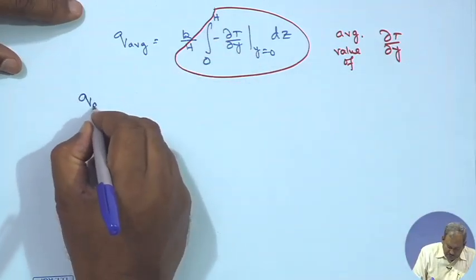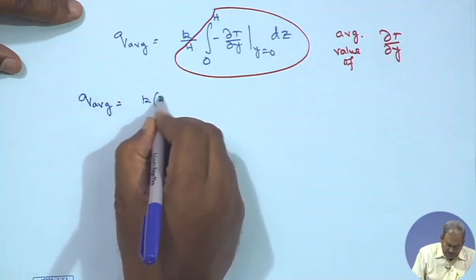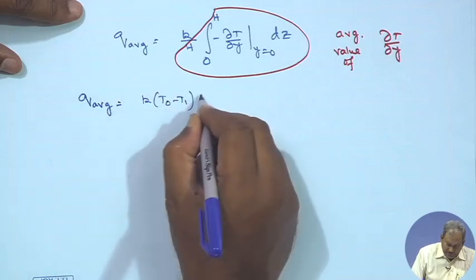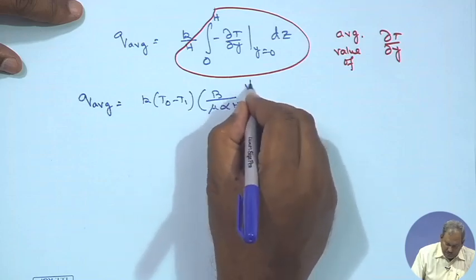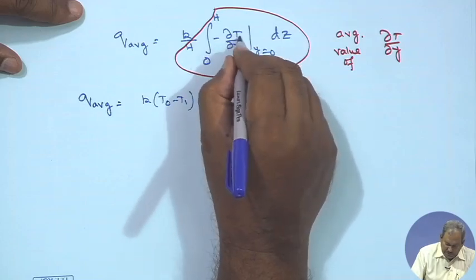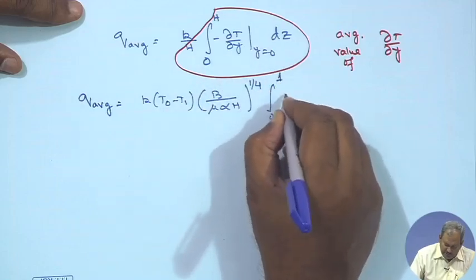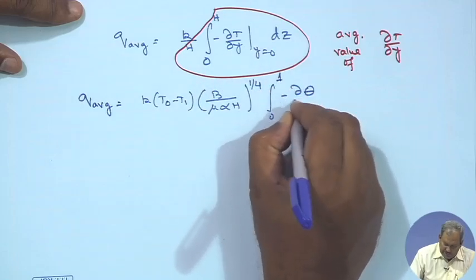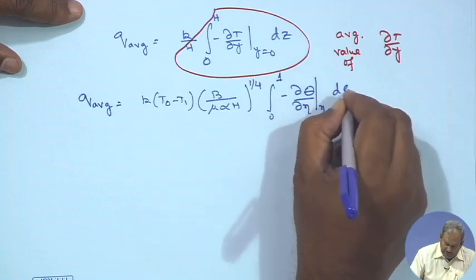So, if you non-dimensionalize this, you would simply see that it is going to be (T0 minus T1) by (mu alpha H) to the power 1/4, and instead of temperature gradient, I am going to write dimensionless temperature gradient, which is going to be minus del theta by del eta at eta equals 0 times d zeta.